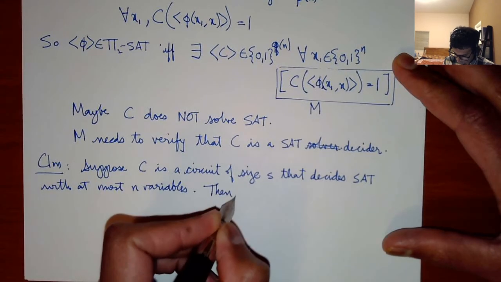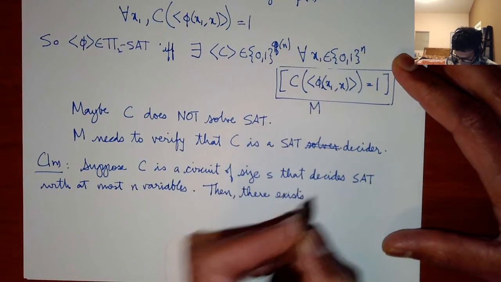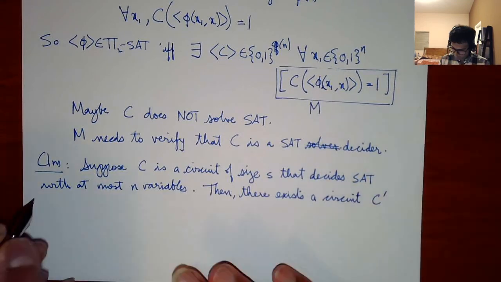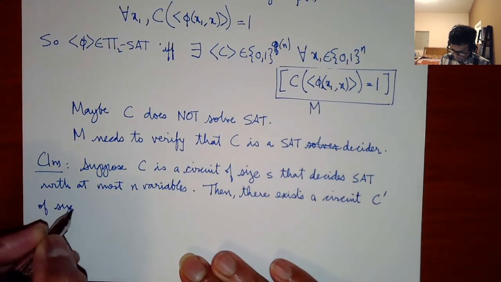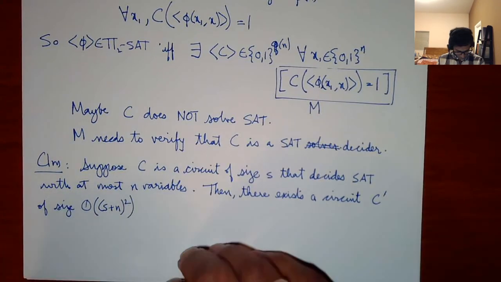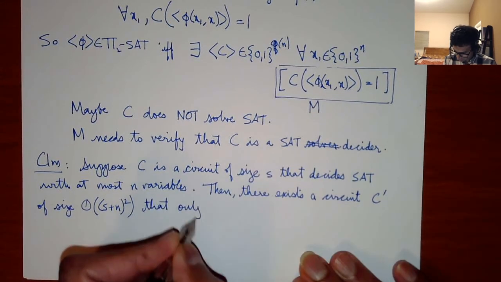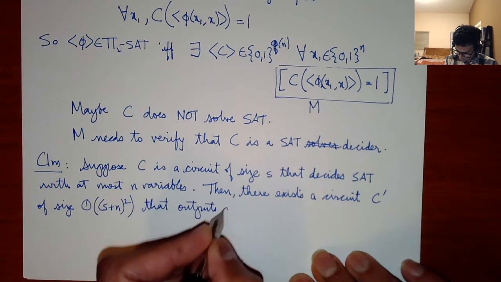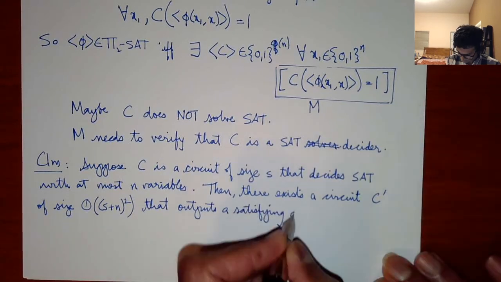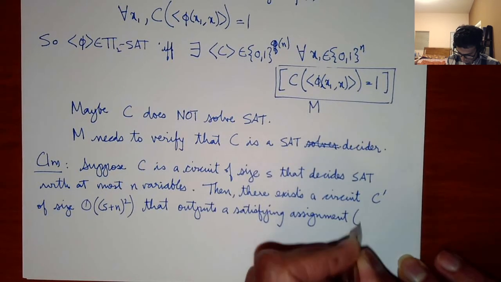Then there exists a circuit C prime of size O of S plus n square that outputs a satisfying assignment if one exists.